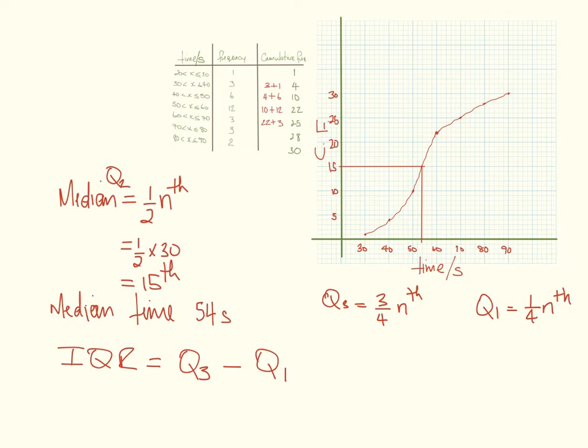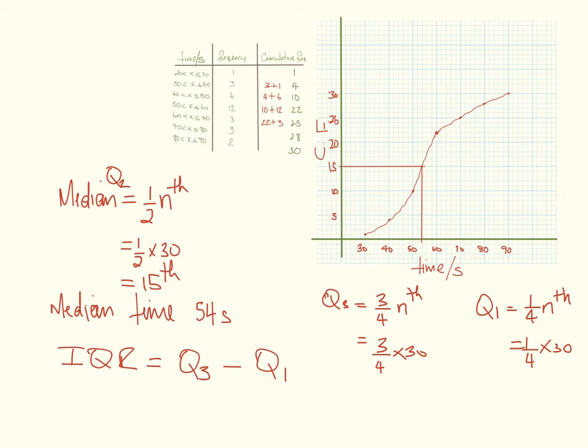Okay, so basically really easy to remember. Upper quartile means upper quarter, so it's 3/4. Lower quartile means lower quarter, which is 1/4. So that's my upper quartile, that's my lower quartile. And I'll do exactly what I did with the median. So I will do 3/4 of 30. And for the lower quartile, I'll do 1/4 of 30.